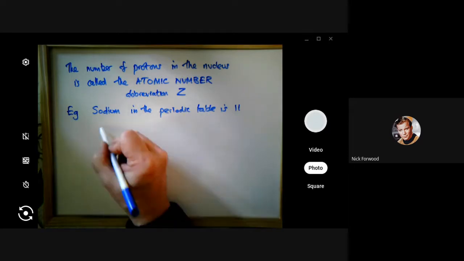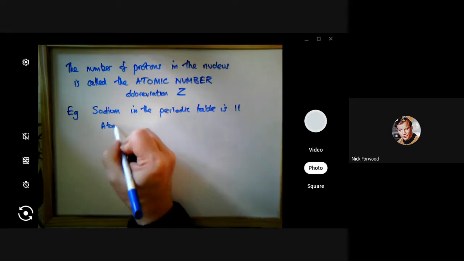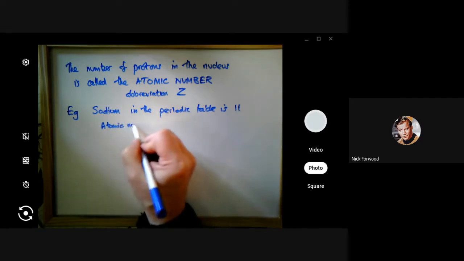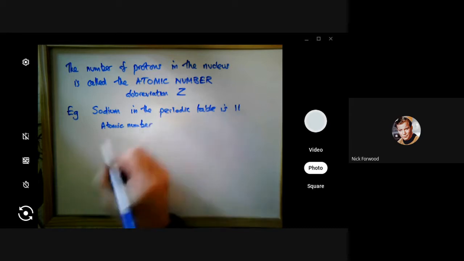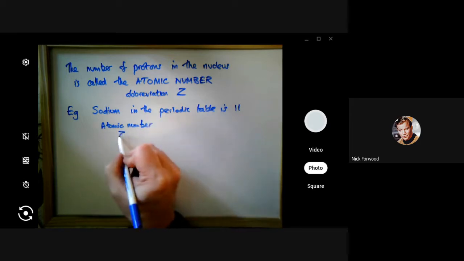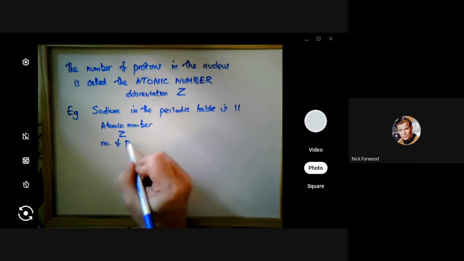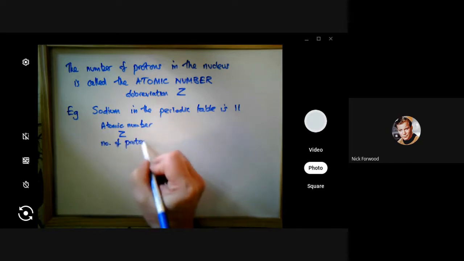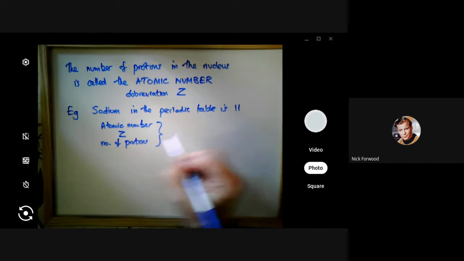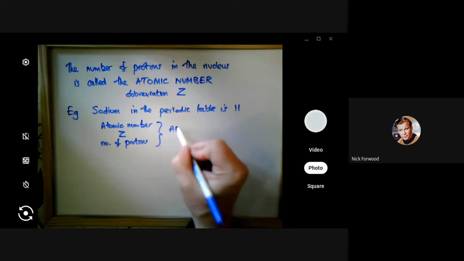So we've got the atomic number, we've got its abbreviation Z, and we've got the number of protons are all equal to 11.